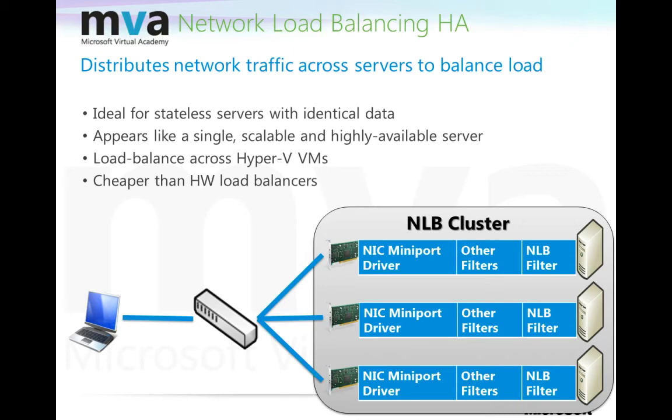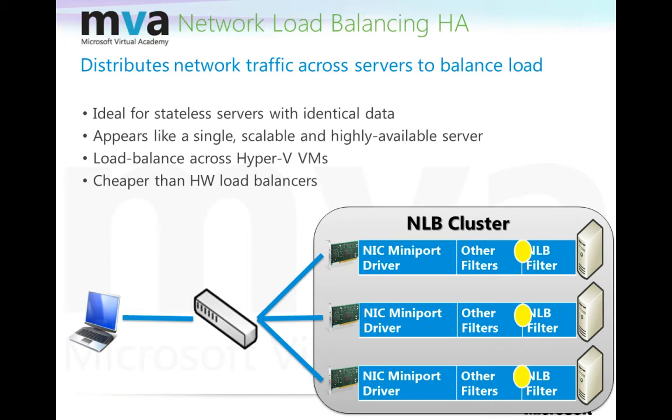From the client's perspective, this looks like a single large server. When the client connects, they're going to make a request, and once that IP packet gets to the router, it's actually going to get sent to every node in the NLB cluster. It's going to go through the NIC miniport driver, through any other filters in the networking stack, and finally end up at the NLB filter.